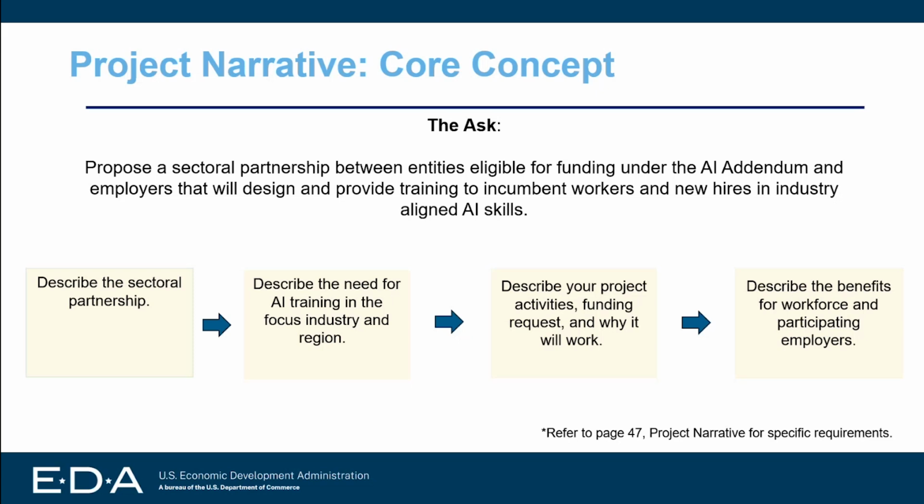So your proposal centers around a sectoral partnership between an eligible lead entity and employers who will help design and deliver AI-aligned training. At a high level, your proposal must describe the sectoral partnership, describe the need for the AI training in the industry of focus in your region, describe the proposed activities, how much funding you're requesting, and how you know the activities you're proposing will work to address the need that you've described, and then describe the benefits for the workforce participants and employers in the project.